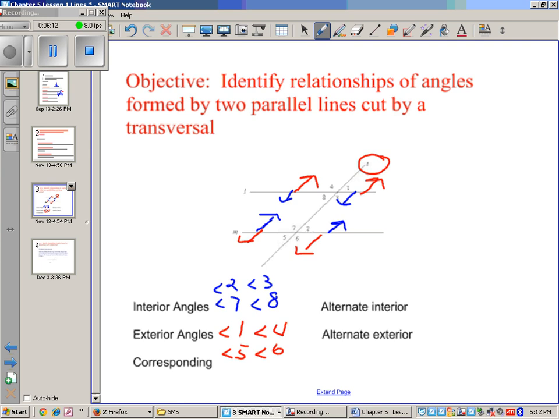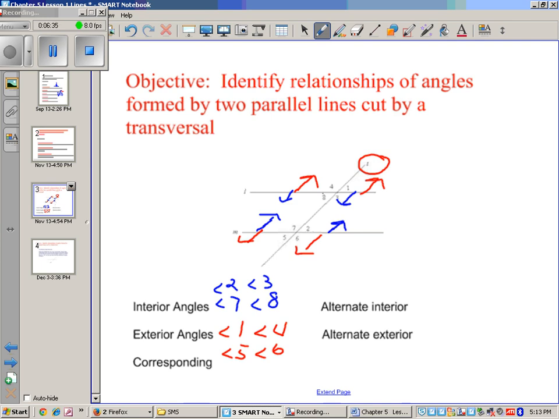Now let's take a look at our definition of alternate interior angles. It says interior, so we know that we're going to be on the inside, on the blue part. And alternate means they're on the opposite side of the transversal. Okay, when it says alternate, it does not mean like 7 and 2 and 3 and 8. You have to jump across.